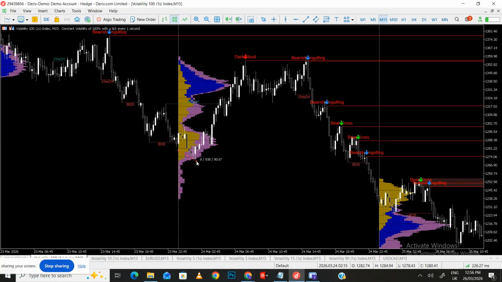And what is that thing? Market structure shift. As you can see here, price came all the way down here, came back up here, broke this structure, and came down to retest it before it starts going up. And when the market gets here, the market starts dropping again.